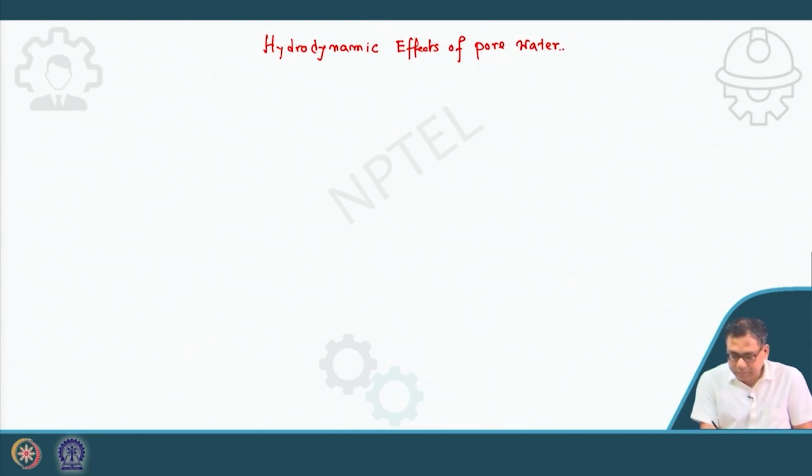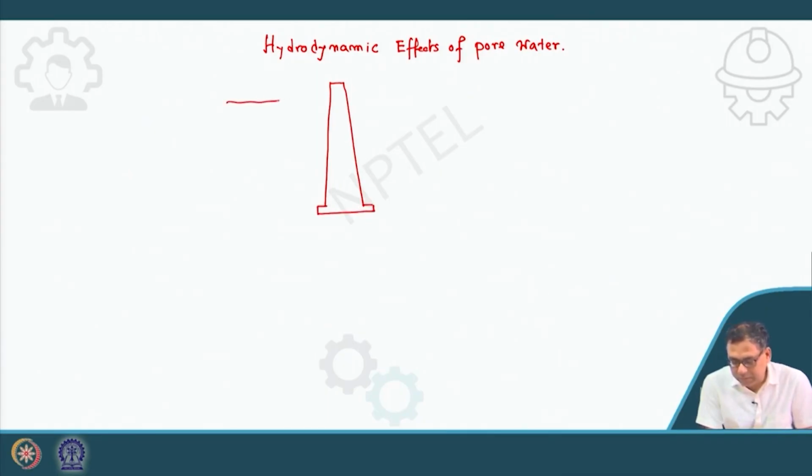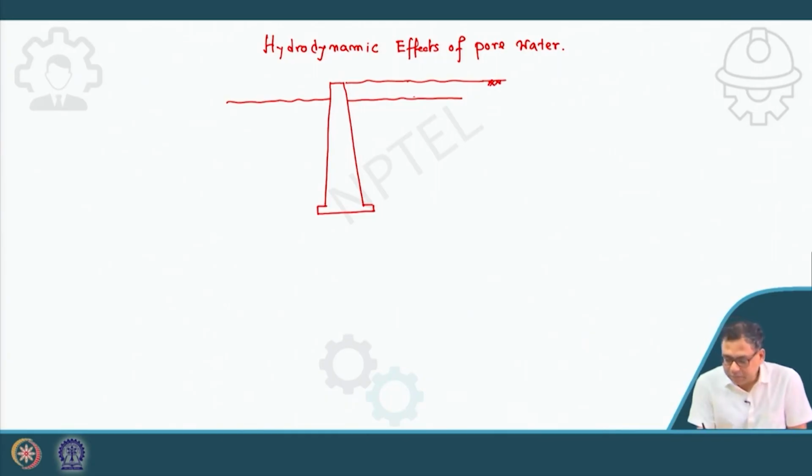Now, suppose we have a retaining wall, and the water table is here, and this is our backfill side. There also the water table is present. So, on both sides the water table is present at the same height. This is the position of the water table on the backfill side, and this is the seaward side, and this is the landward side, we can say.